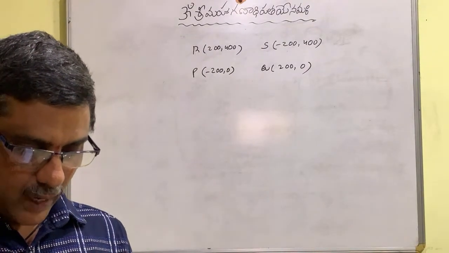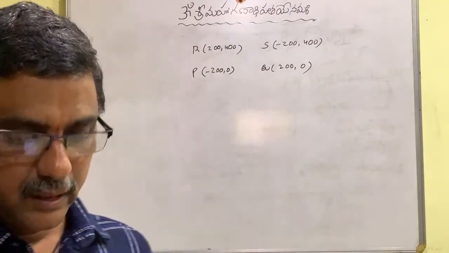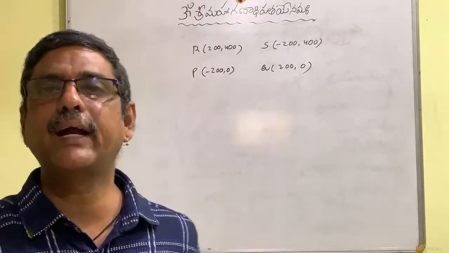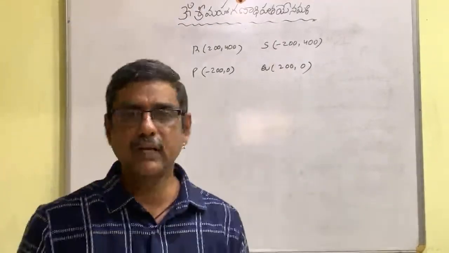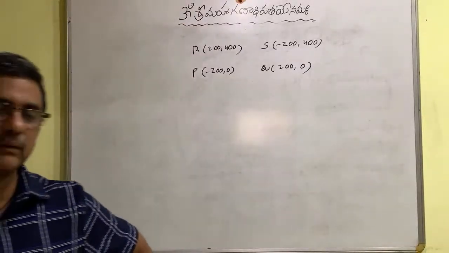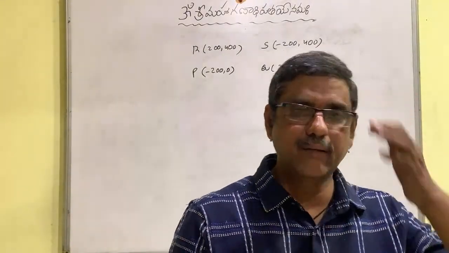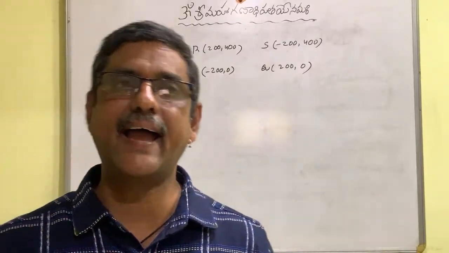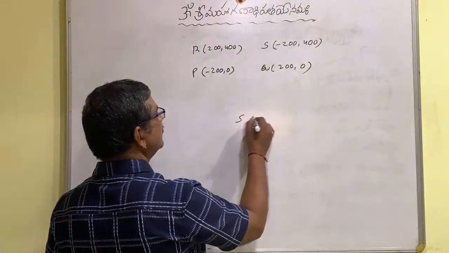Now, what is the area of square PQRS? In order to find the area of a square, what values are required? When we know its side, it is a square.